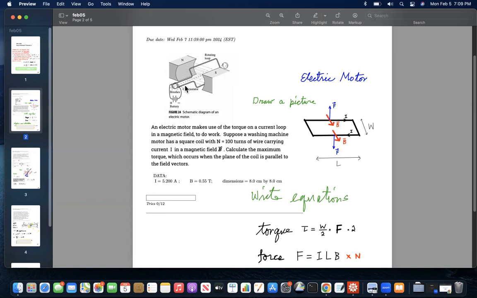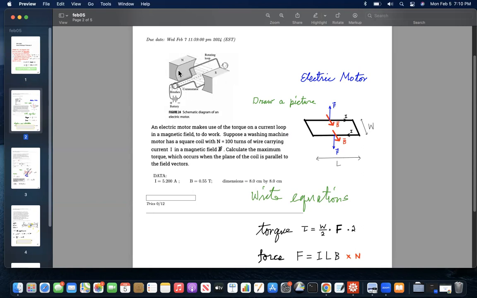Now, here's the question. An electric motor makes use of torque on a current loop in a magnetic field to do work. Suppose a washing machine motor has a square coil, 100 turns of wire carrying current I in a magnetic field B. What's the torque? Well, the torque depends on the orientation of the loop.